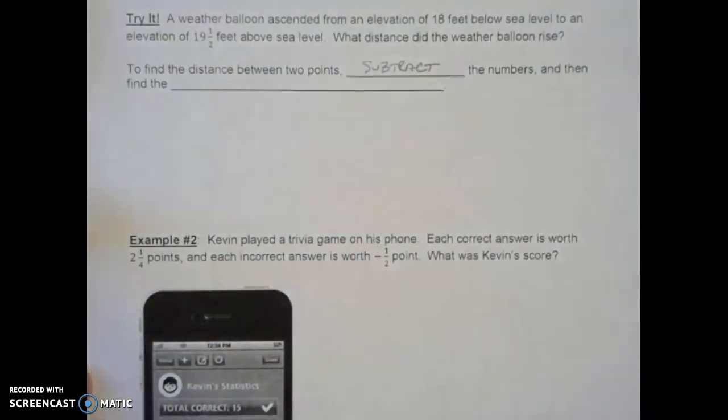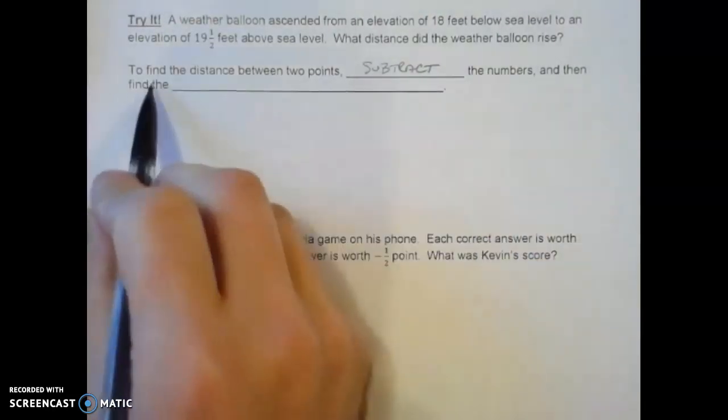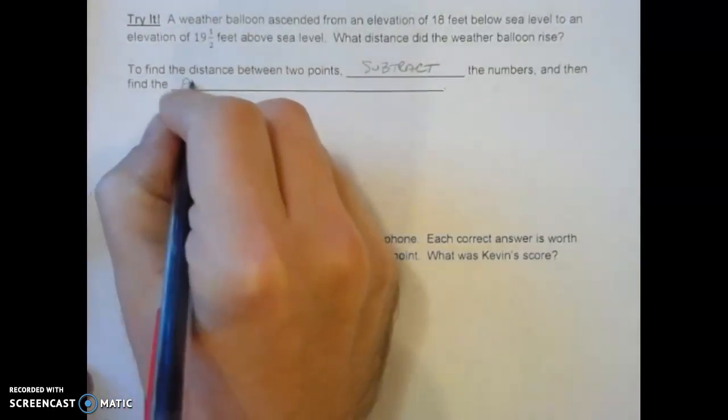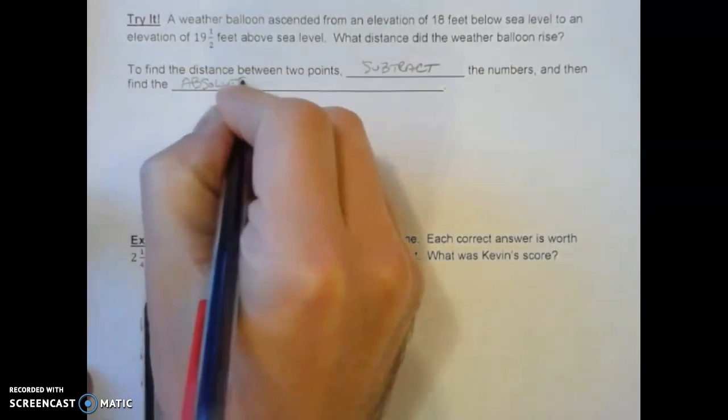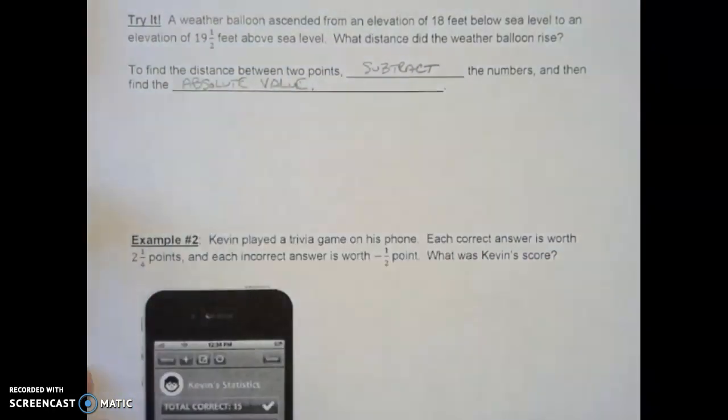Okay, but then remember, we're finding a distance, and distances can only be positive. So to ensure that we get the positive answer here, once we subtract the numbers, then we're going to find the absolute value. Absolute value, again, is the number's distance from 0, and distance, again, is always a positive value, so that's what we're going to use, absolute value.